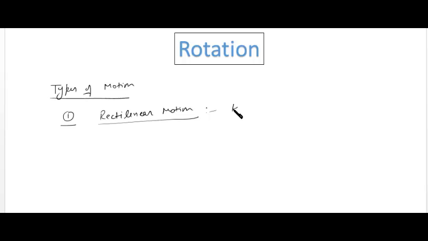Here the particle just moves in a straight line.